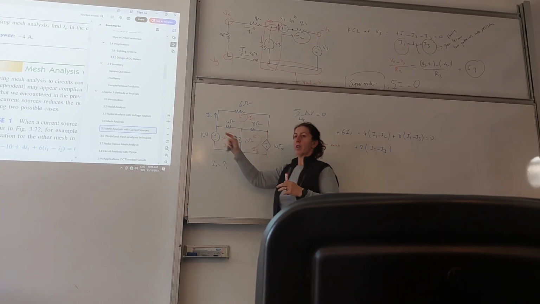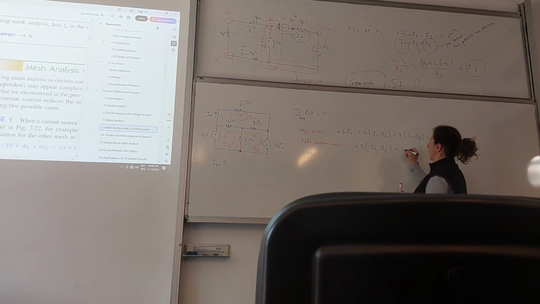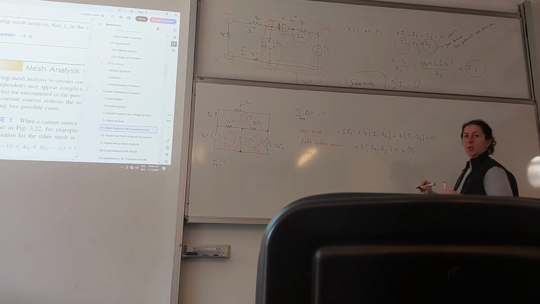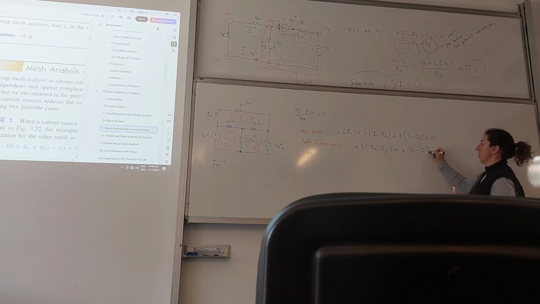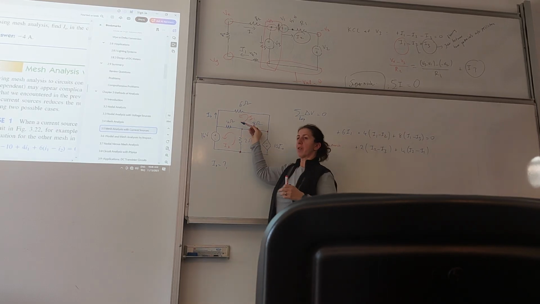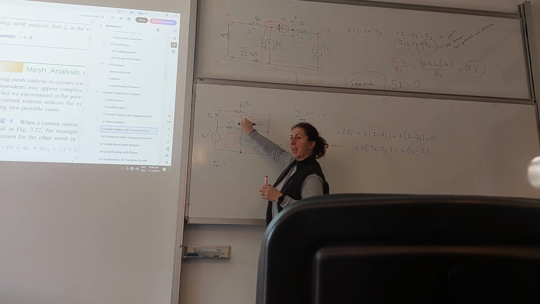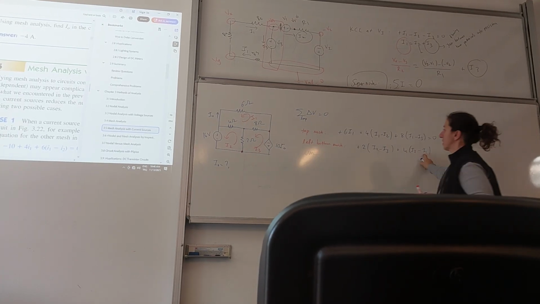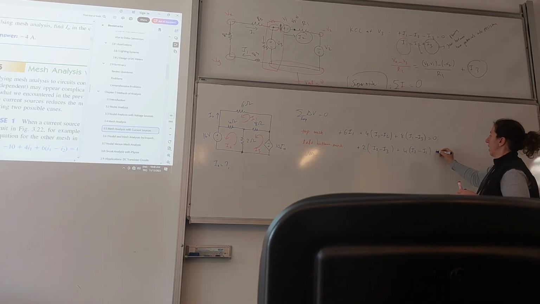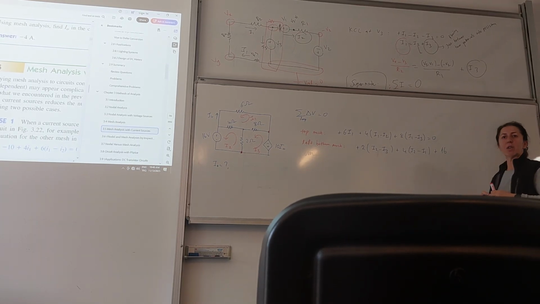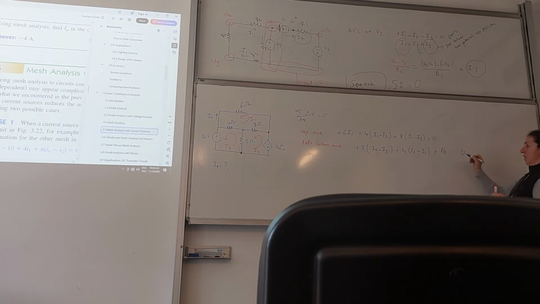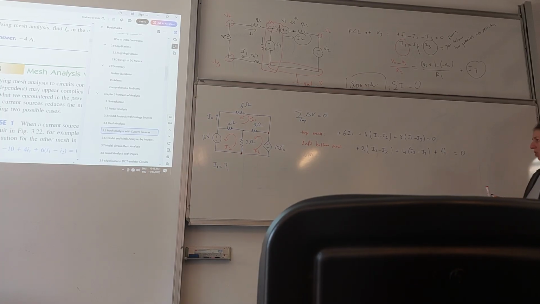Now when I move across 4 ohm, this time it's going to be minus I2 minus I1, because I am moving in this direction. That's parallel to I2. I1 is moving against me, so this is negative, but this one is plus. And I am entering from the positive side of my potential. So that's the second mesh.